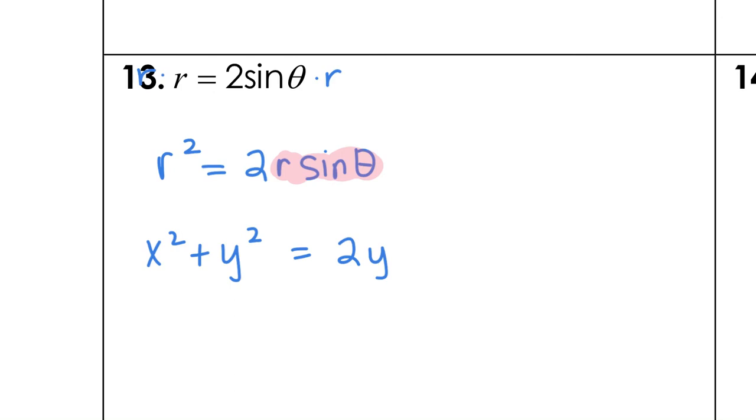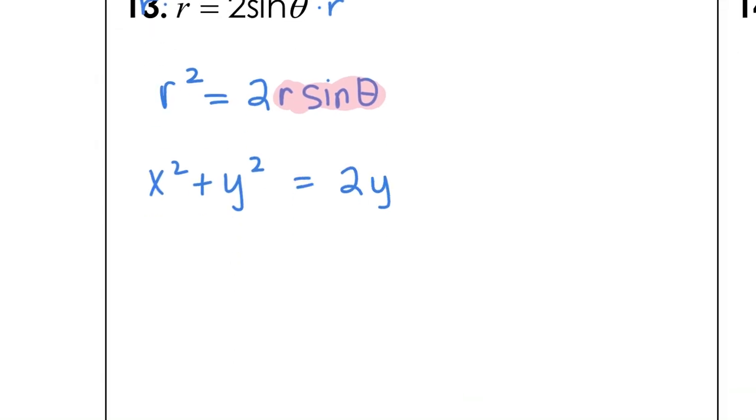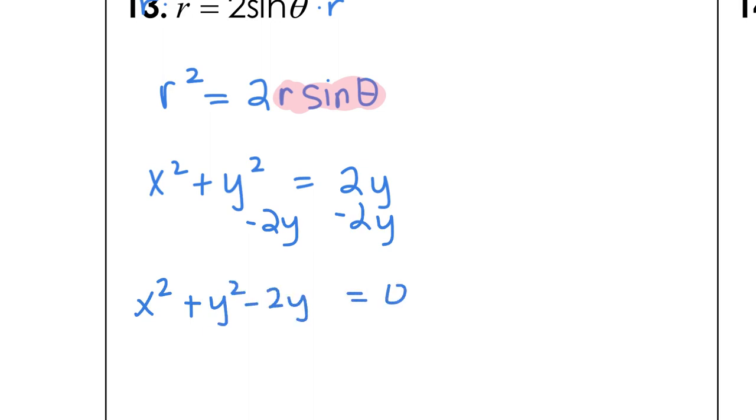Okay, so this doesn't look familiar to me yet, so I think I want to move that 2y over to the other side. So we're going to subtract it. So now I have x squared plus y squared minus 2y equals 0. So that x squared is fine just the way it is. But here for the y's, we need to complete the square.